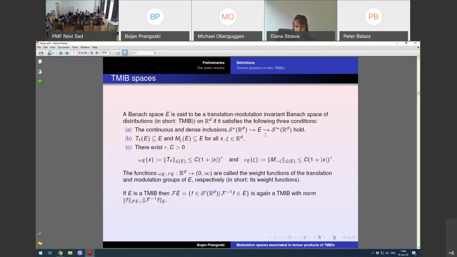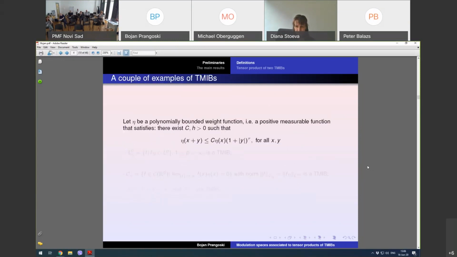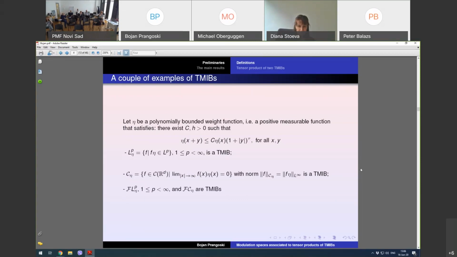That's why we exclude the case p equal to infinity. Next, the space C_η, the space of continuous functions such that when you multiply them with the weight they vanish at infinity, is translation-modulation invariant. And of course, their Fourier images are also translation-modulation invariant.